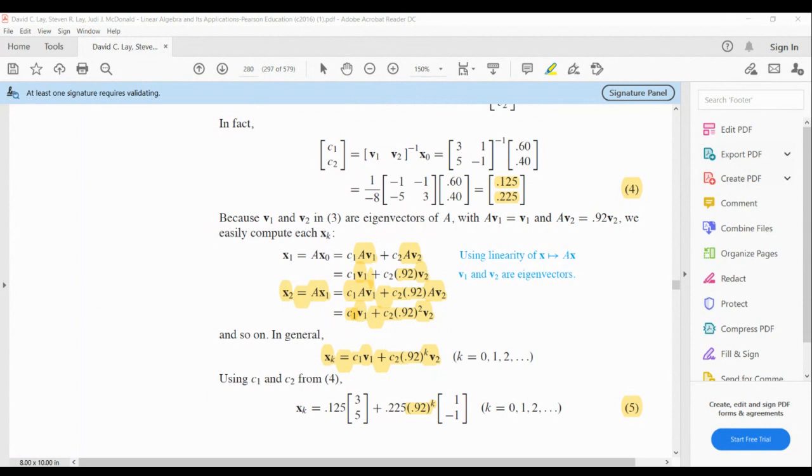We're letting k be large. So this 0.92 to the kth power, what would that go to when k is large? To get an idea, take 0.92 on your calculator and raise it to like the 50th power. What do you get when you do that?